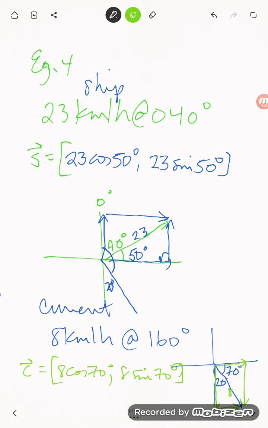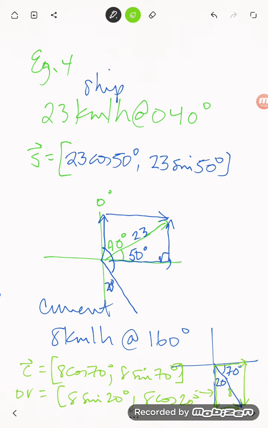Or you can do, if you use this triangle, for the horizontal it would be 8 sine 20 degrees and 8 cos 20 degrees.